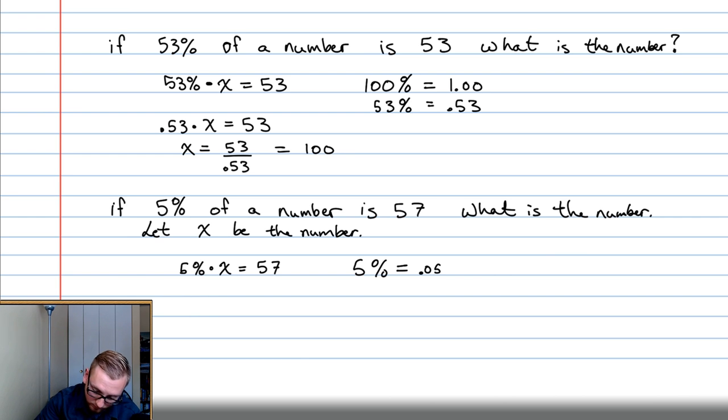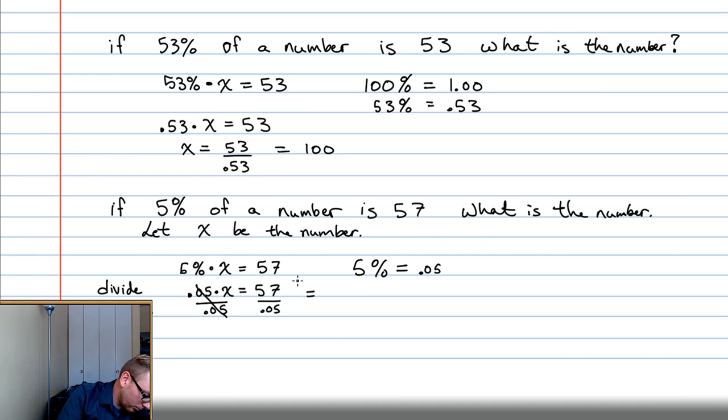So 0.05 times x is equal to 57. Divide by 0.05. They cross out. We get 57 divided by 0.05. Okay, there's a start. That's the first two.